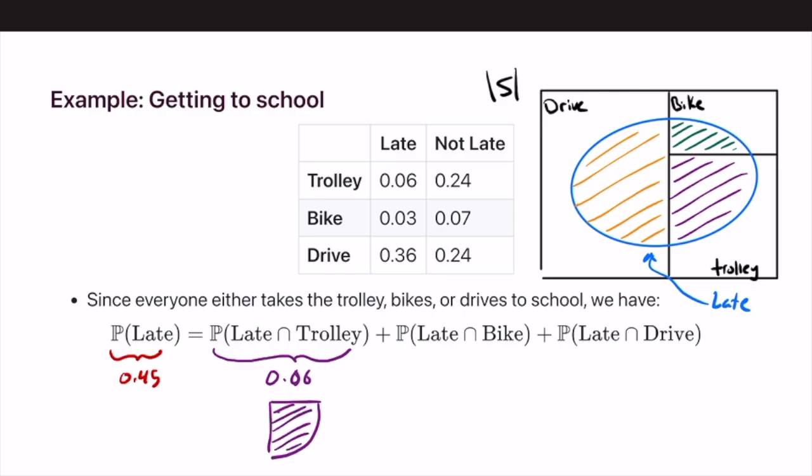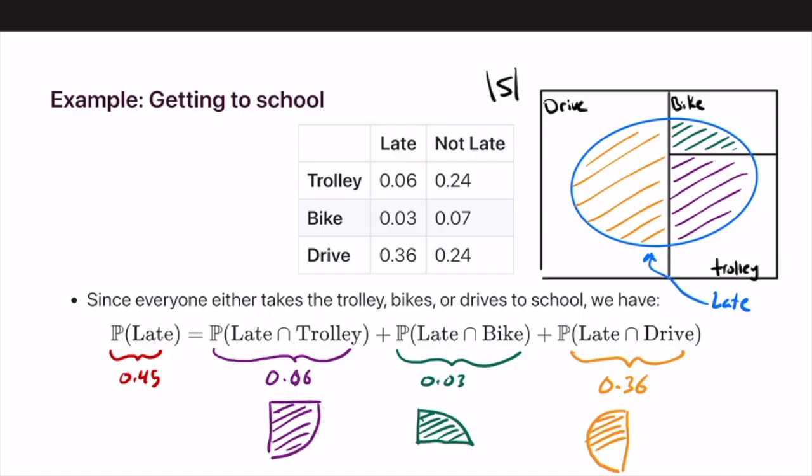Then we had late and bike, that was green, so this is 0.03, and that was the area that looked like this. And the last one was late and drove, which would be 0.36, and this was the area that looked like that.